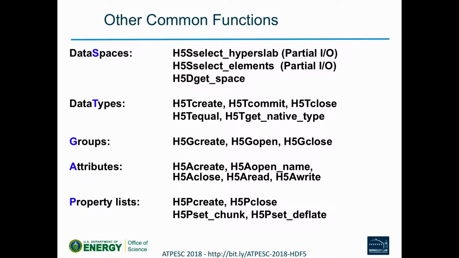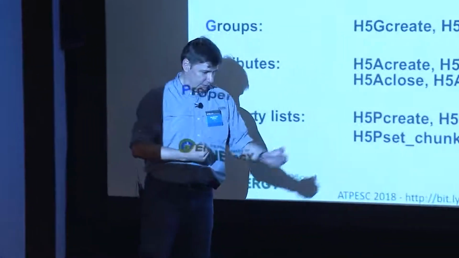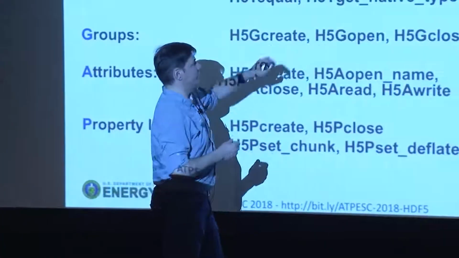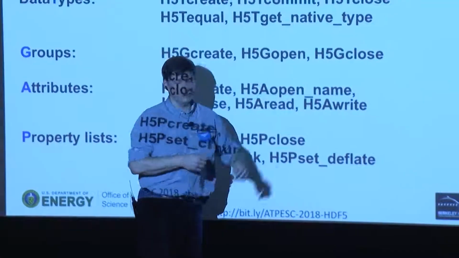These things equal. You do get into this scenario with HDF5 where you retrieve a data type from the file, H5D get type for a data set, and you go, well, is that really the same? What is this? Is this a 32-bit integer? Is it the same as integers on my machine? I'd like to make certain that I know what's going on with the type on disk and the type in memory. And so one of the nice, convenient ways is take a look at this get native type.